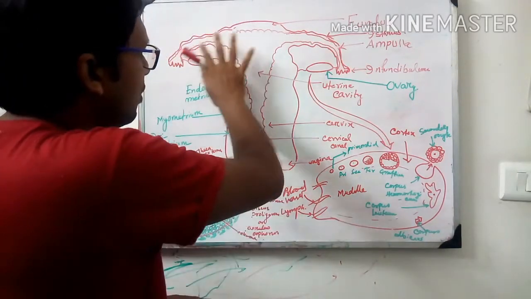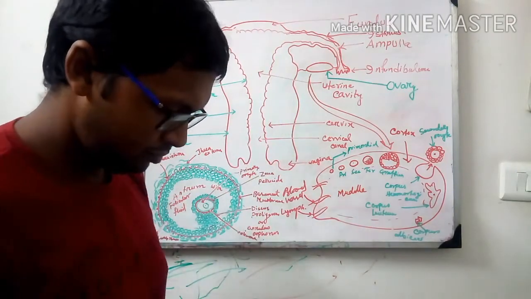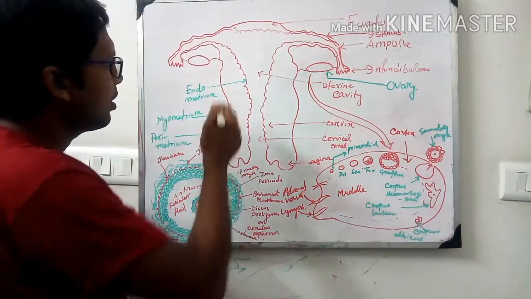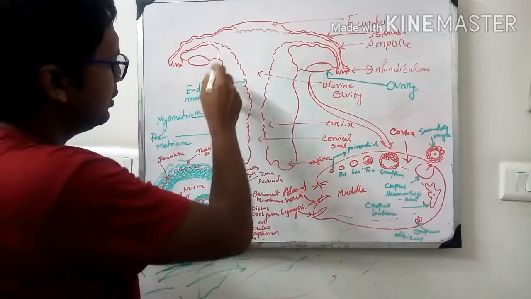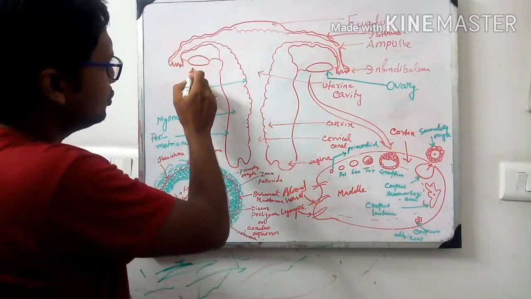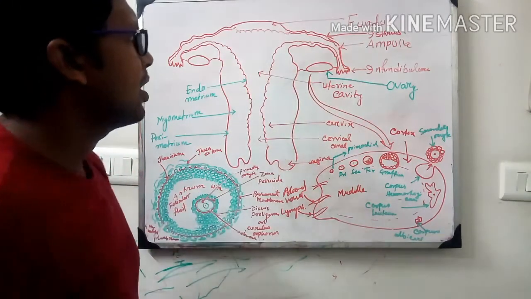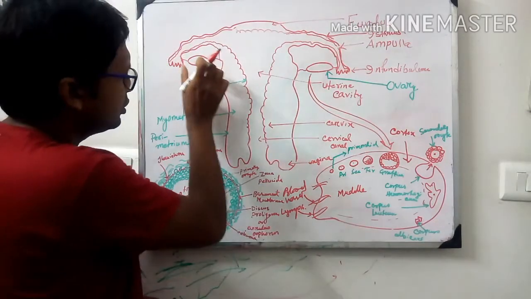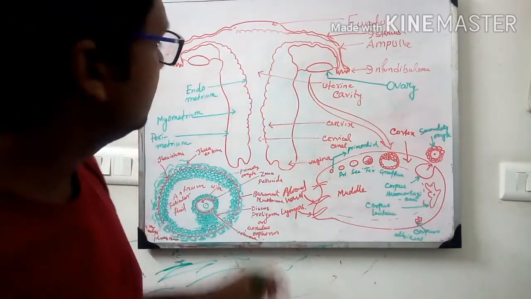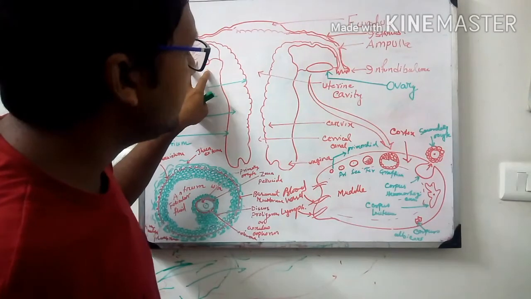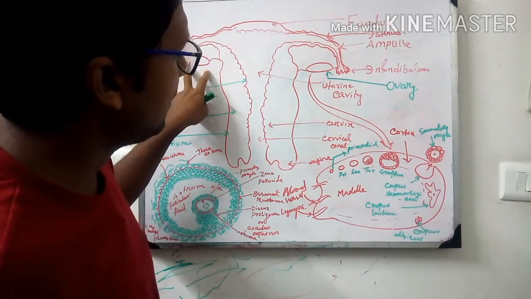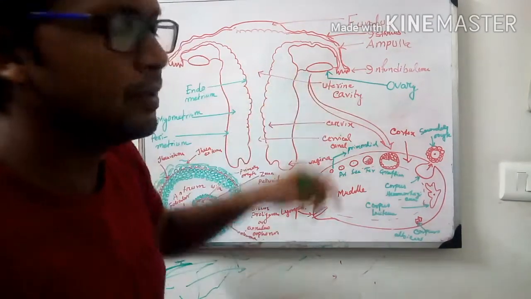This is the overall female reproductive structure, in which these two small structures are the primary sex organs, or primary reproductive organs, of females.